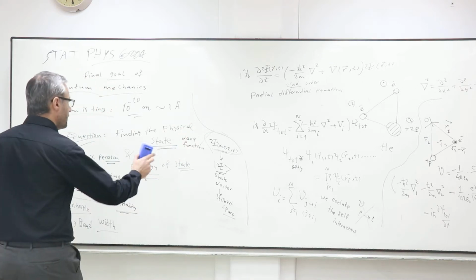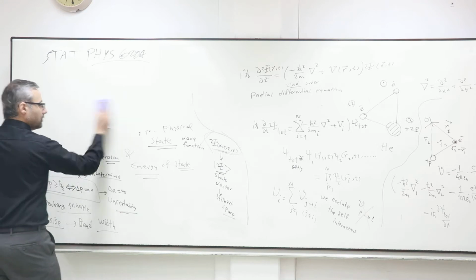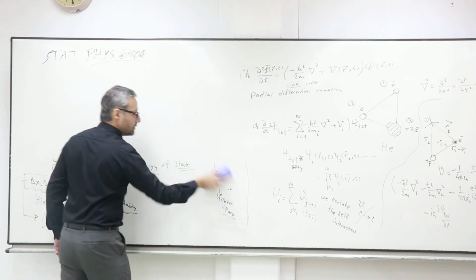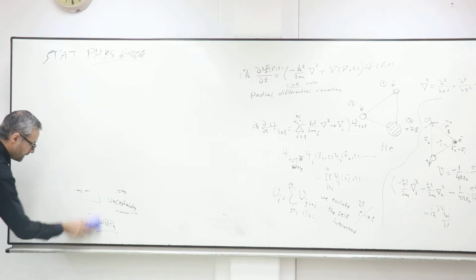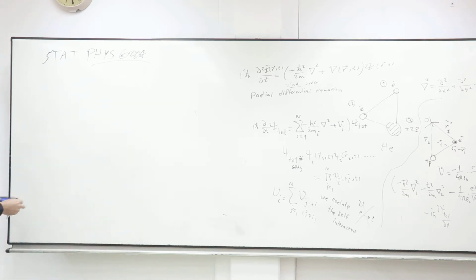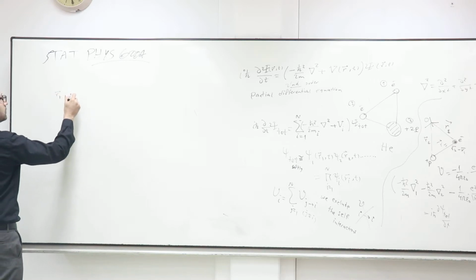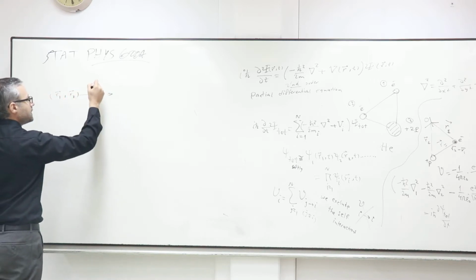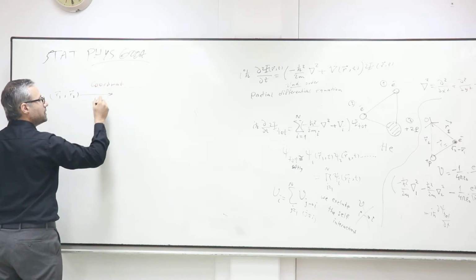Just go one step more. So for one electron and one proton, this is the Schrodinger equation. And just be a little bit clever and don't use R1 and R2; instead use a coordinate transformation.